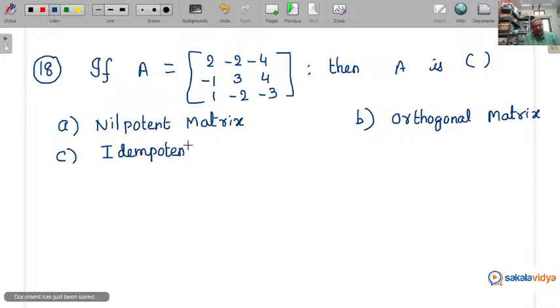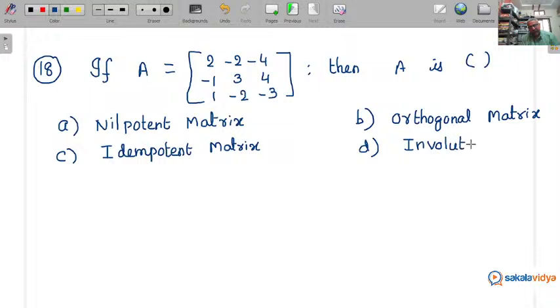Option D is involutory matrix. Okay, I will give the concept of nilpotent matrix, idempotent matrix, orthogonal matrix and involutory matrix.